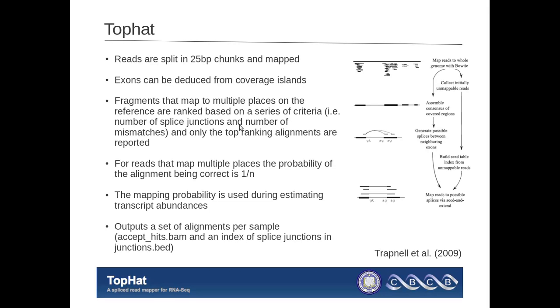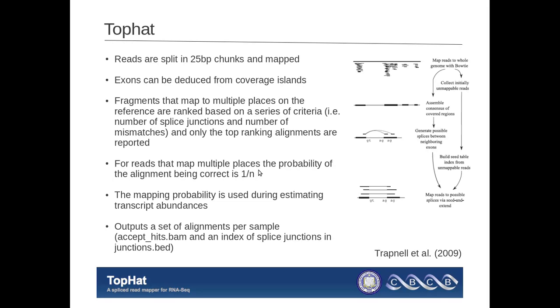In the end, it weights those reads appropriately, and they are considered appropriately in the statistical analysis downstream. So you don't have to worry too much about the multiply mapping problem, simply because TopHat has taken that into consideration.